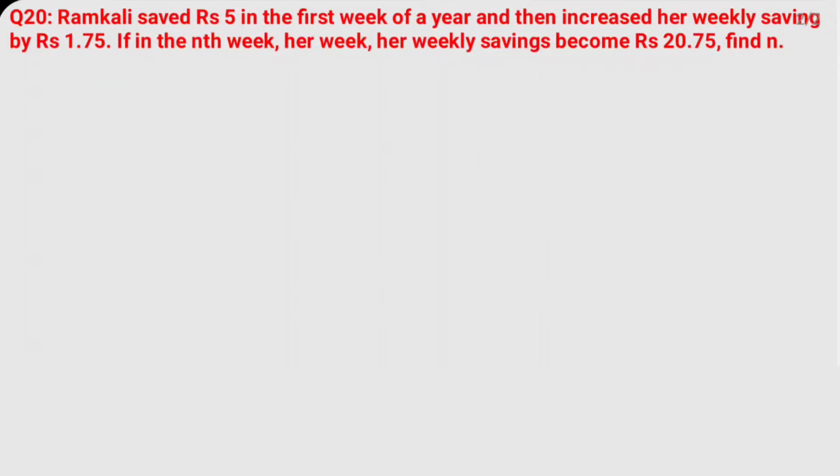So here they have given Ramkali saved Rs 5 in the first week and her weekly increased saving amount is 1.75, and in the nth week her saving becomes Rs 20.75. So here we want to find out that nth week, right? So let me solve here.